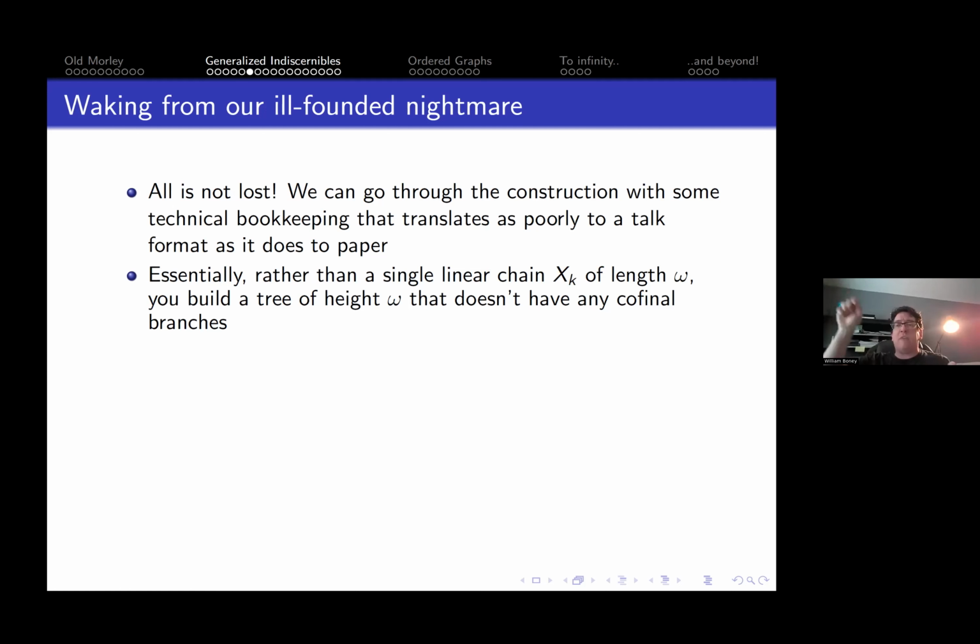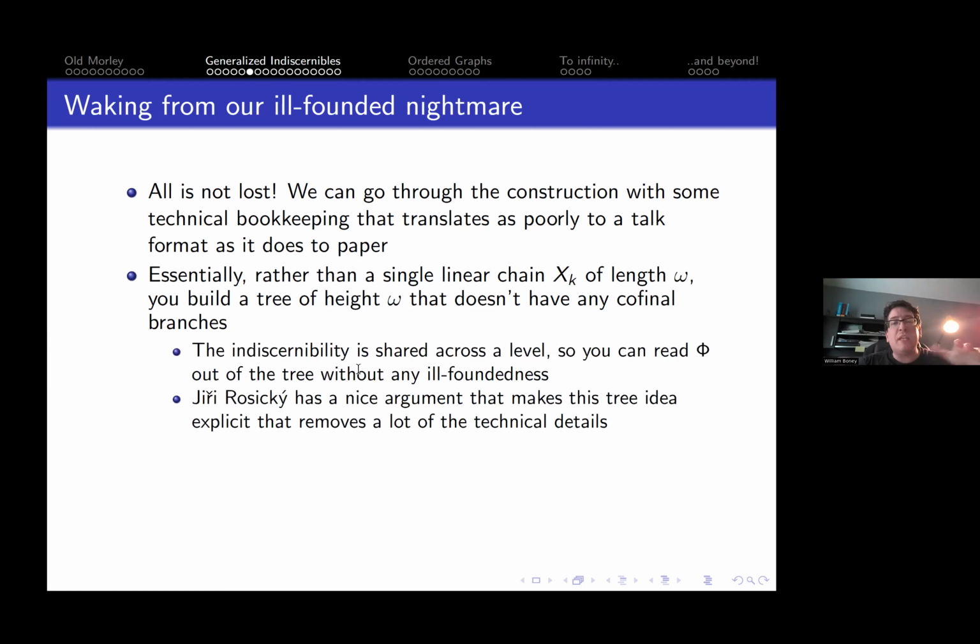The tree is well-founded, so it doesn't have any infinite branches, and you don't get this ill-founded sequence. But it also has height omega, so you can get as far along as you need in it. And the indiscernibility is shared across the levels of the tree, so everything works out great.